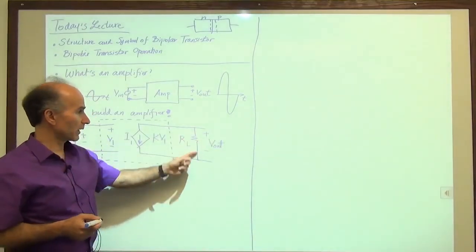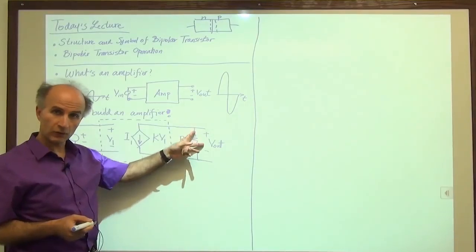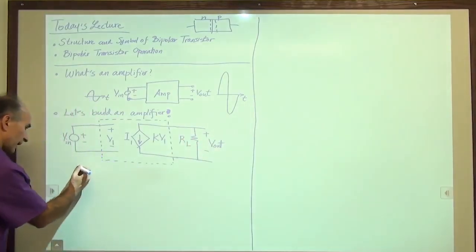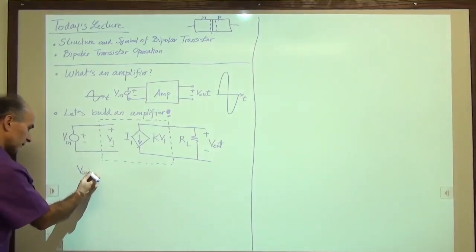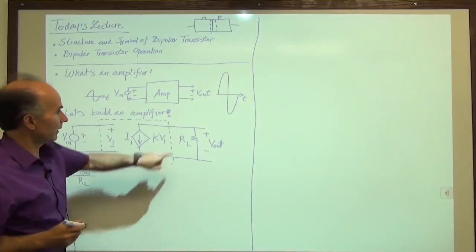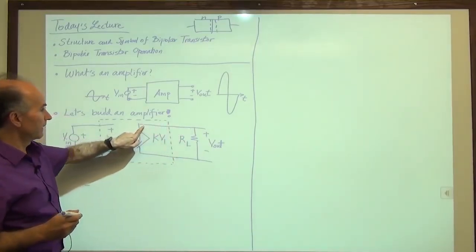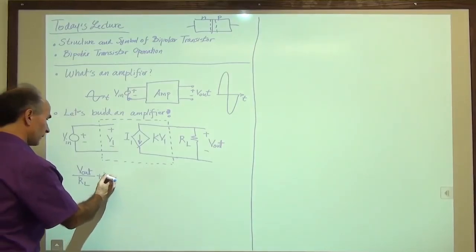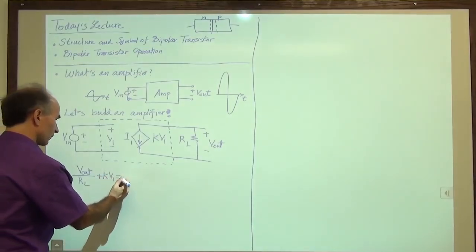How much is the current through RL? Well, voltage over resistance, so V out over RL. So we have V out over RL. And then how much is this current? This current is KV1 plus KV1 must be equal to 0.